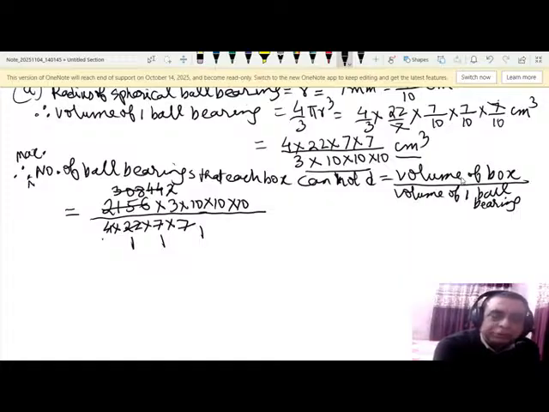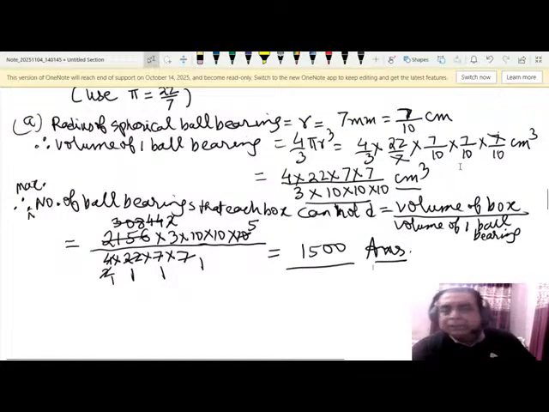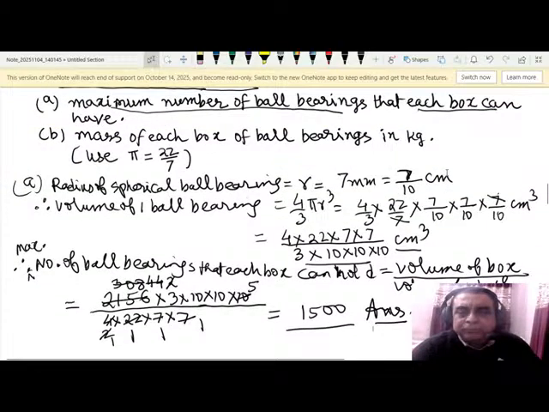Divide 2 and 4 with 2. Here it is 2. Divide 10 and 2 with 2. So here we get 1, here we get 5. Now 3 times 5 is 15, and 15 times 10 times 10 is 1500. So that is the maximum number of ball bearings that can be put in one box.